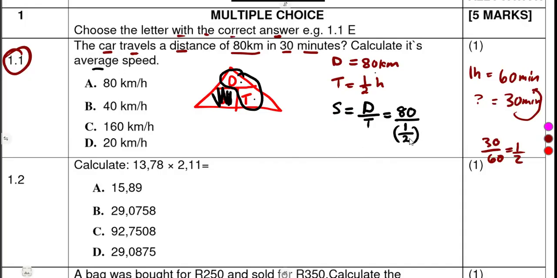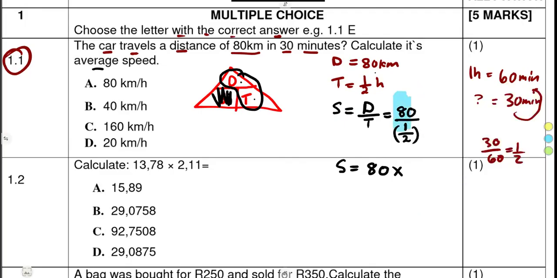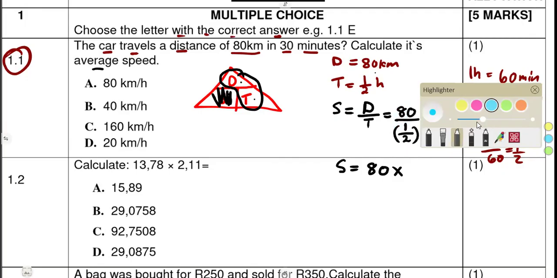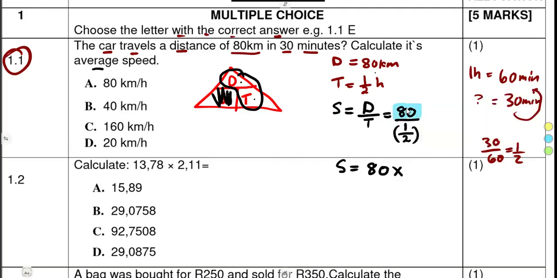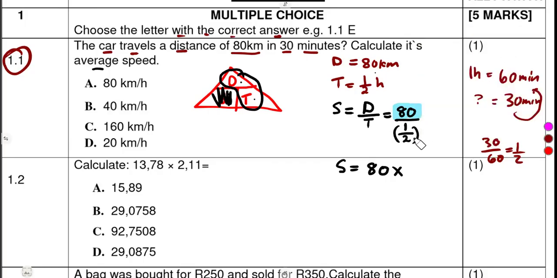So remember your division. If you are given a fraction like this, on a division, you introduce a multiplication. So that's 80 times. You take the numerator as it is. All right, sorry for that. Then we invert the second fraction, so 2 is going to be on top.